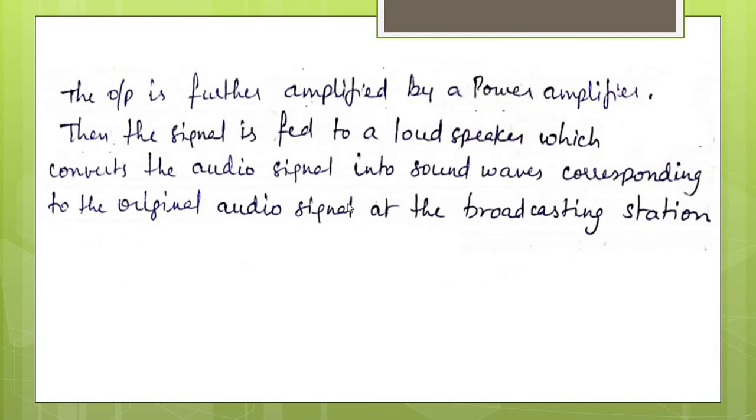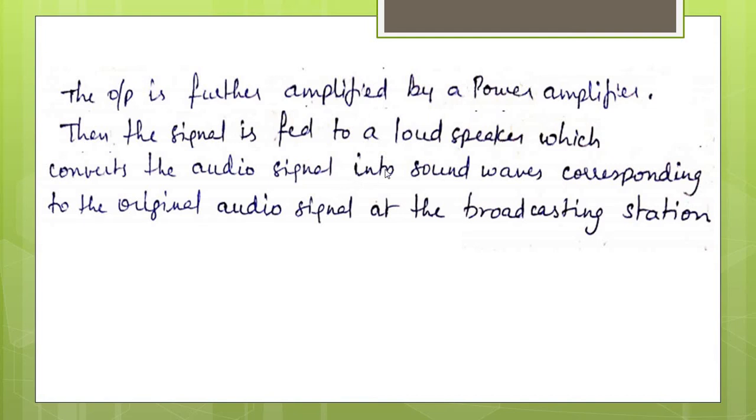The final output stage consists of an audio power amplifier. To further increase the amplitude of the desired message signal, the output of the audio frequency amplifier is fed to a power amplifier, where the amplitude is further increased, and if any noise is present, that is also removed.